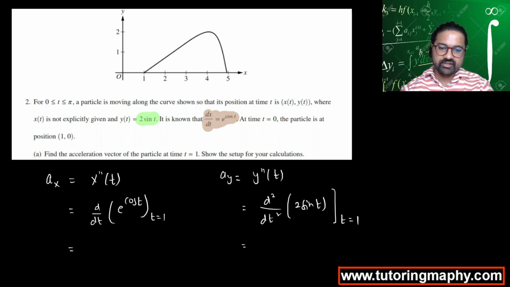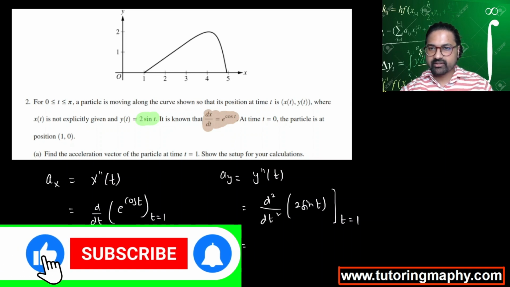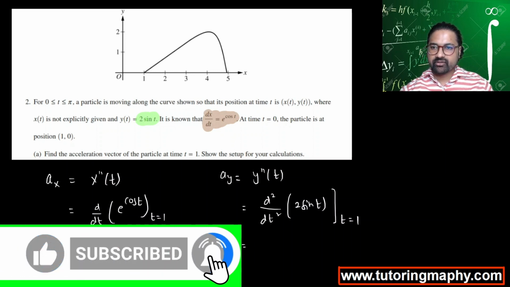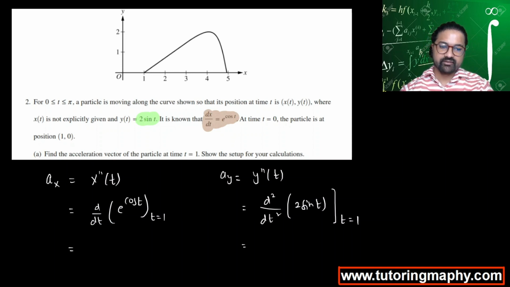So let's call it f(x), and this is f prime of 1, right? f prime of 1, that's what we are looking for. So we got the value of f prime of 1. And likewise, this is 2 sine, and we are looking for g double prime of 1, which is also something which we have. So this is my calculation.